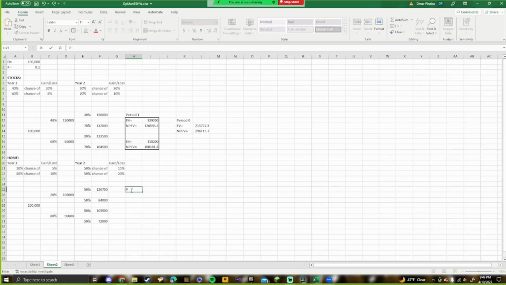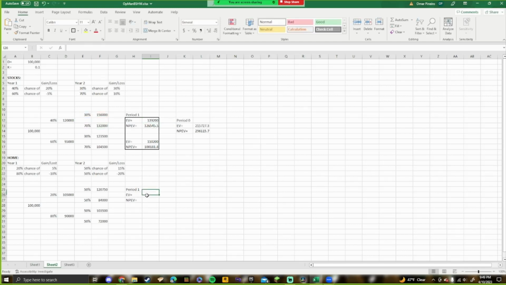Now, we need to do all this EV and NPEV. You have your period 1 right here, your EV, and your NPEV. There we go. Now, if we look back right here, your EV is the percentage chance of this value happening times this value plus the same thing for down here.